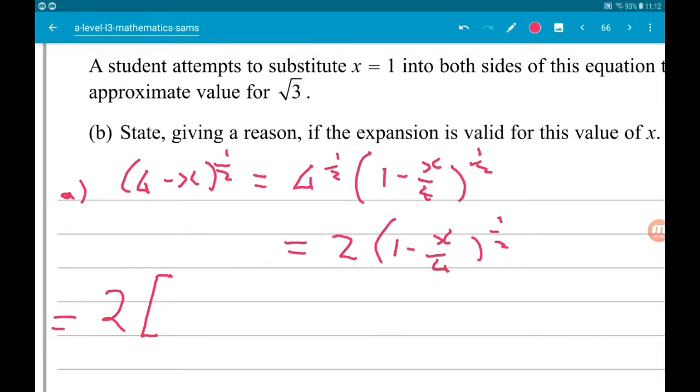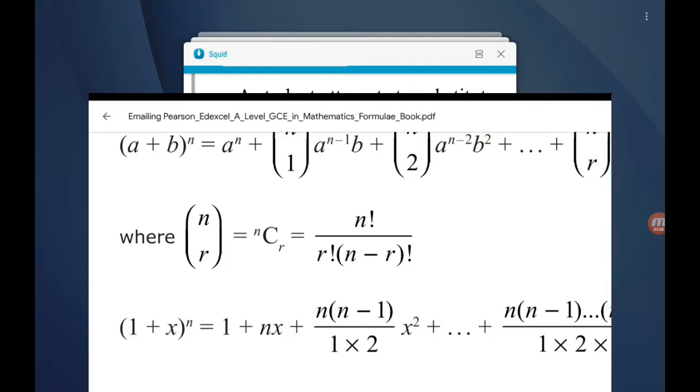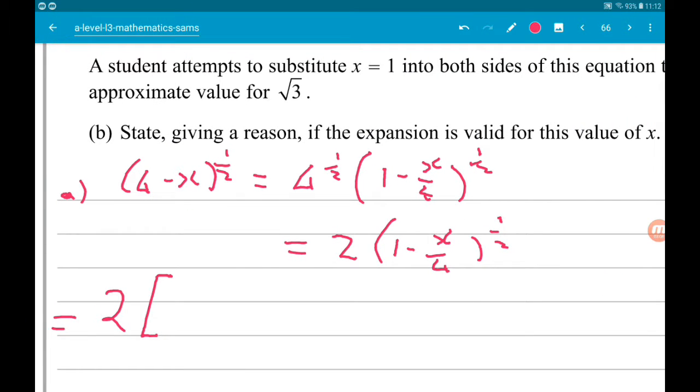Right, now then, inside, our first term is 1. Then we have add nx. N is the power, so we have add 1/2 times x. Although here for us x is minus x over 4.